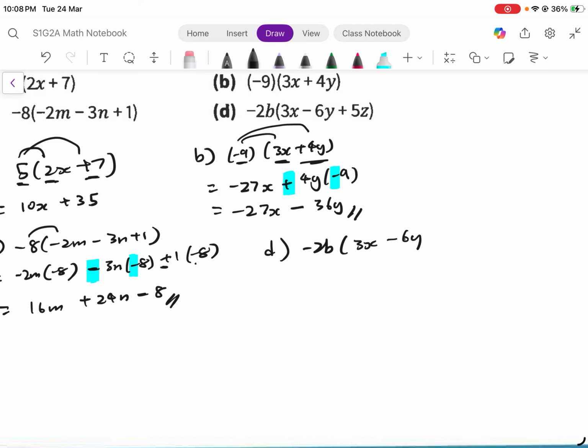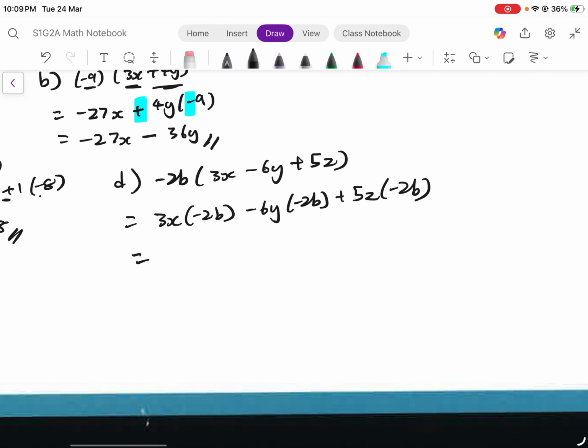3x minus 6y plus 5z. Okay, so what you will have is 3x multiplied by minus 2b, minus 6y multiplied with minus 2b, plus 5z multiplied with minus 2b. Okay, so when you multiply, you get minus 6. Can you just multiply the number? 6 and minus 2. Then we multiply x and b, so xb.